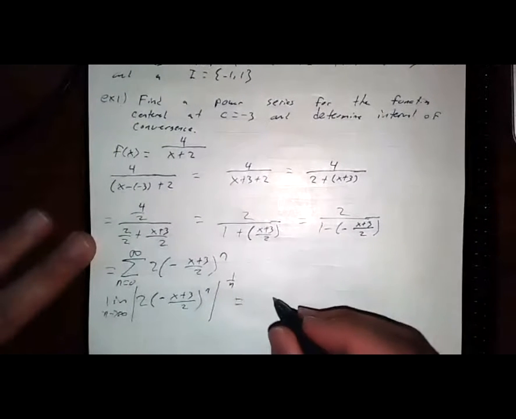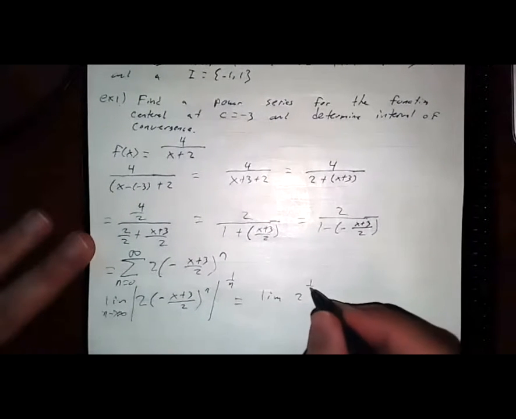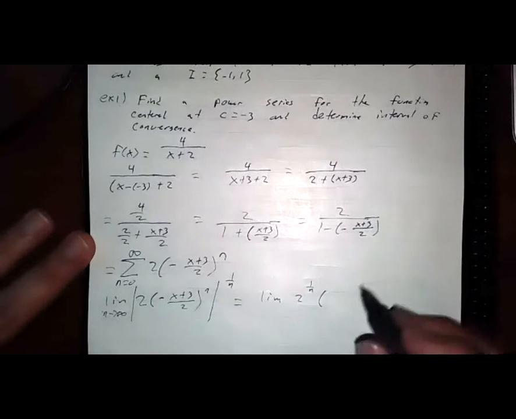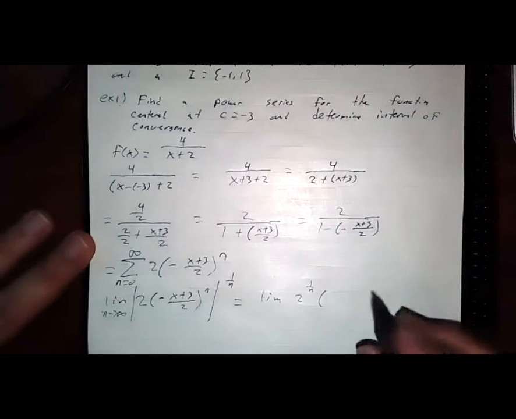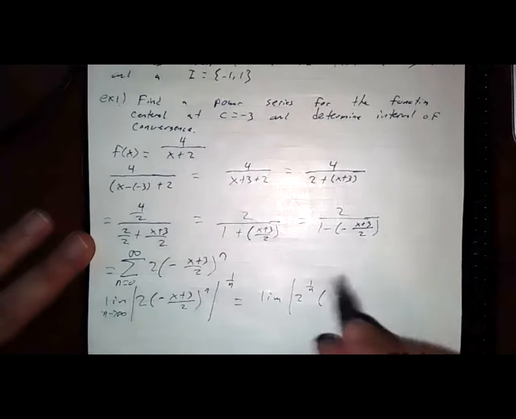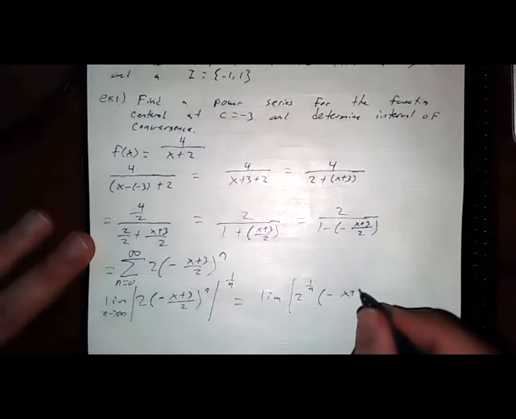So that will be the limit of 2 to the 1 over n times the root there will cancel, right? Sorry, the root will cancel, not the absolute value. Negative x plus 3 over 2.